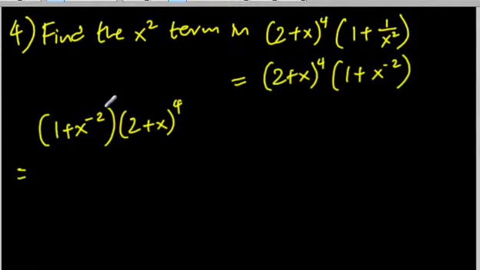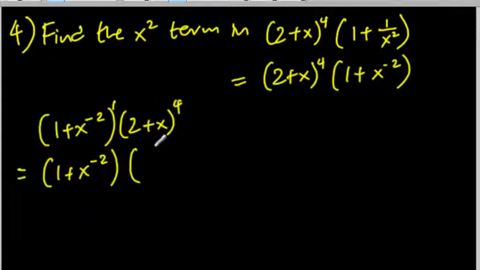We can't expand this one because it's just to the power of 1, so it's just going to be 1 plus x to the negative 2. But we can definitely expand this. I can write everything down here if you want, so I'll just do it.